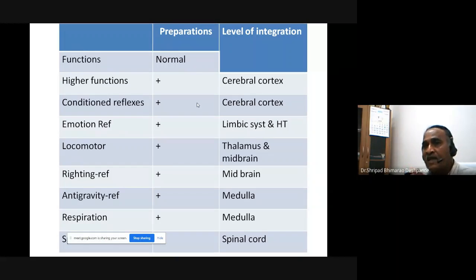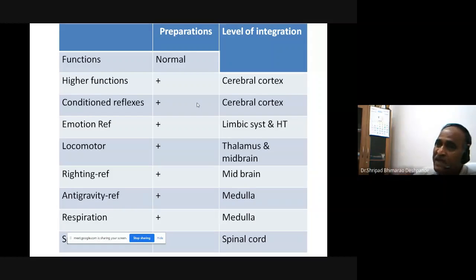These are called classical conditioned reflexes. For classical conditioned reflexes, the presence of the cerebral cortex is necessary because the animal or the person has to understand the entire sequence of events. That means the ringing of the bell; the sound has to go to the auditory cortex, and from the auditory cortex it has to be interpreted.